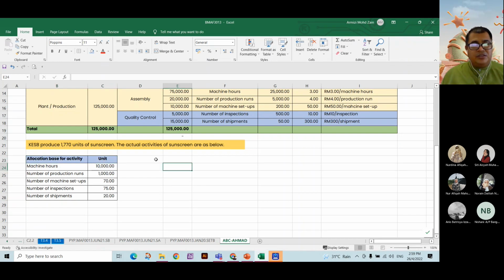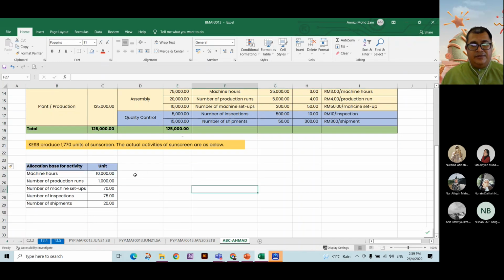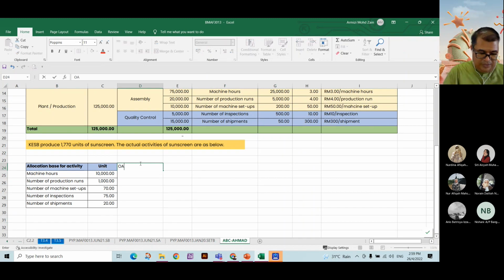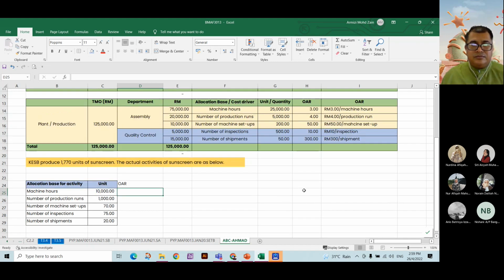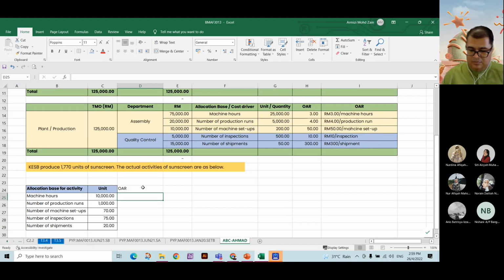Okay. How much cost do we charge to this product? What is the OAR? Okay, machine hour, this one. Okay, number of production runs, this one. Okay, machine setup, this one.